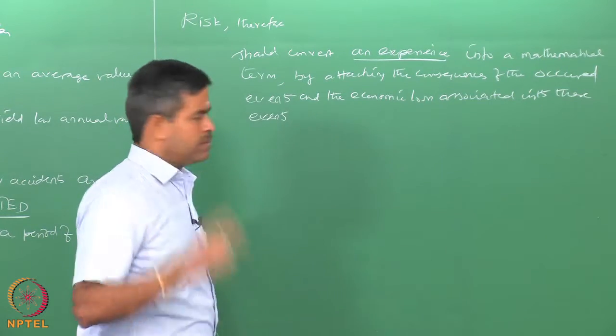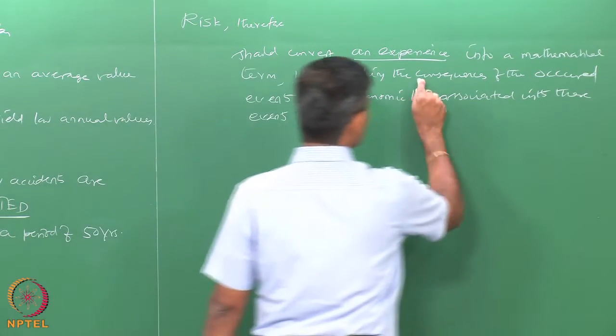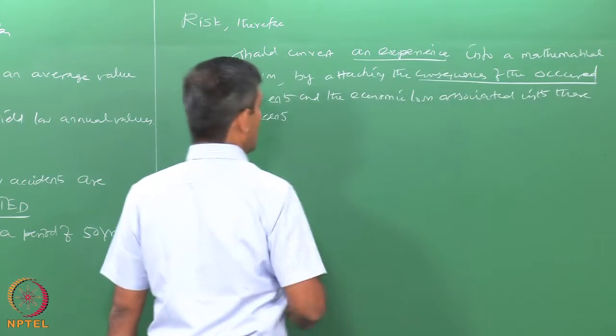So, we have got two things here. One is the consequences of the occurred events and then the economic loss.